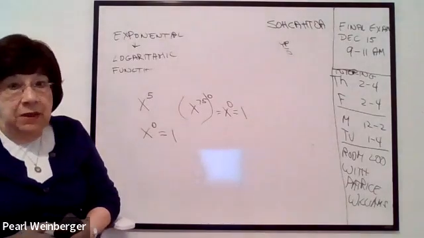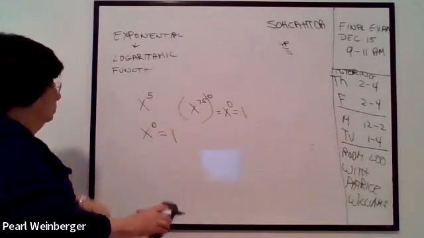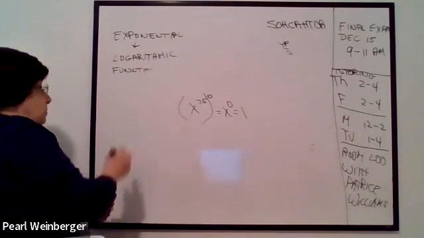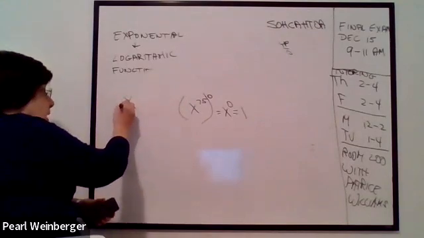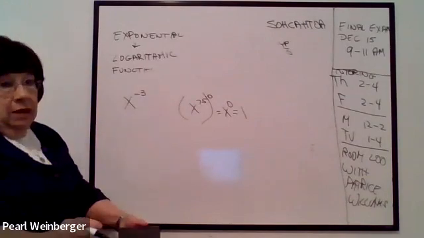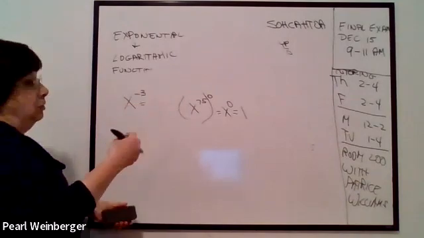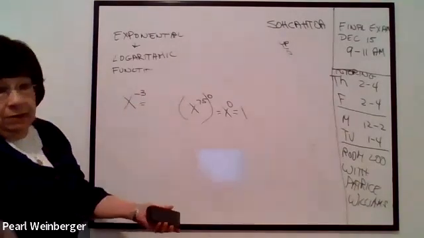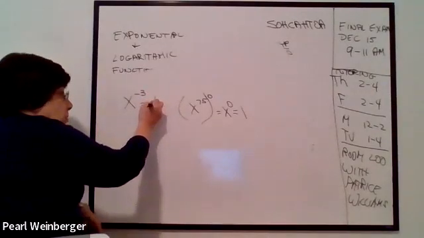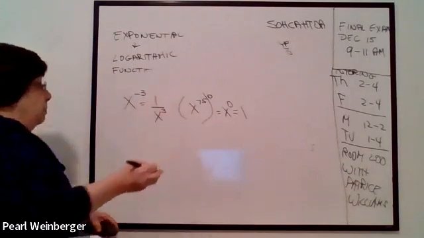What about something that has a negative exponent? It is possible to have a negative exponent as well. For example, I could write something like x to the negative 3. And that doesn't mean you're multiplying x negative 3 times, because that doesn't make sense. It means put 1 over your number and make the exponent positive.